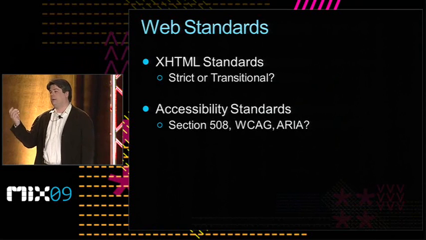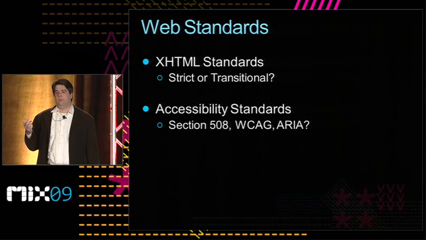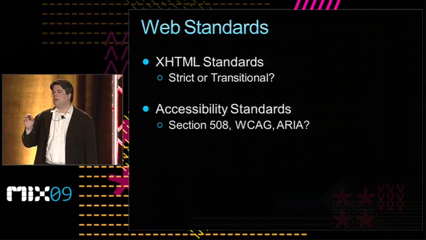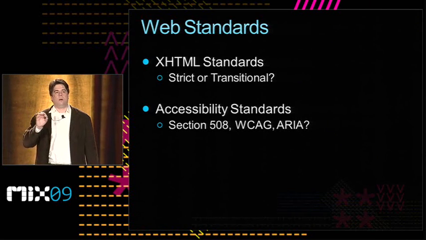You can't use target attributes in an href, that's not allowed. And there are some other issues like using name instead of ID in the JavaScript. So I'm curious, how many of you are actually targeting XHTML strict right now in the pages that you create? A significant portion. How many of you are doing transitional? A lot more are doing transitional.